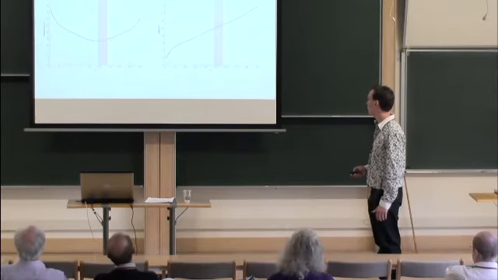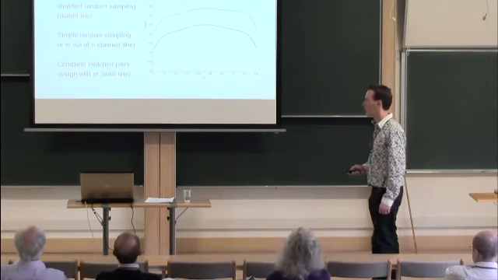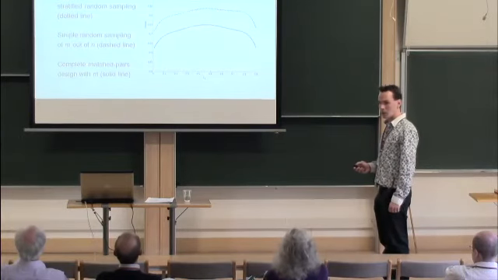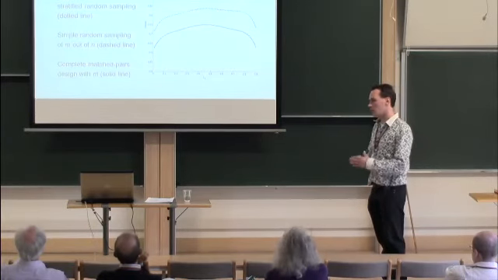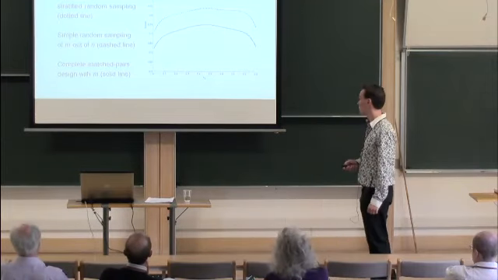So we also compared the power with the case in which we used simple random sampling of m units out of the n, not taking into account the outcome on the standard test.